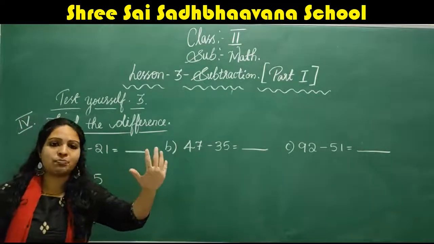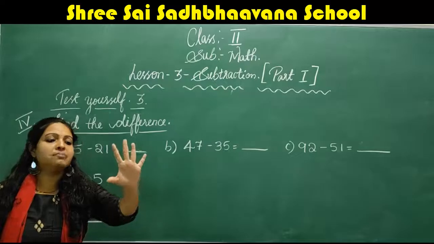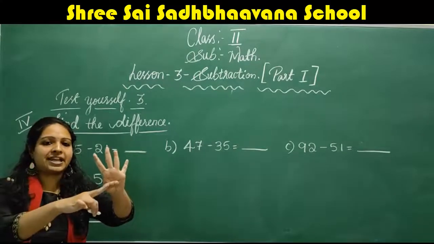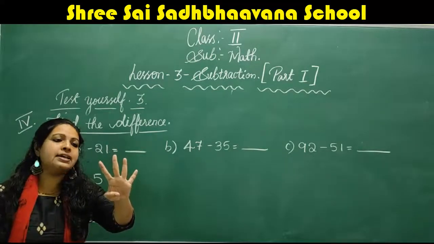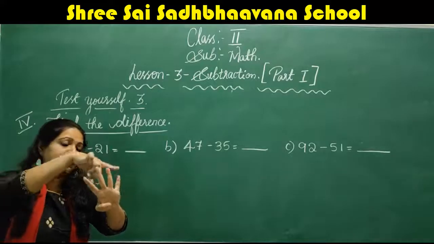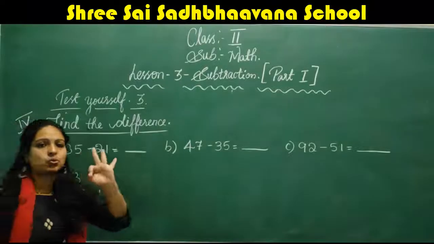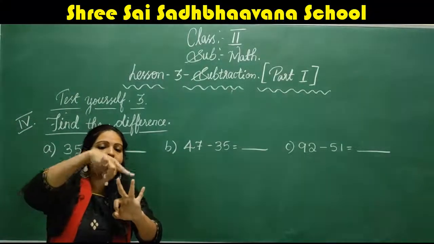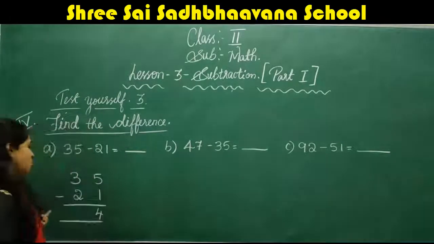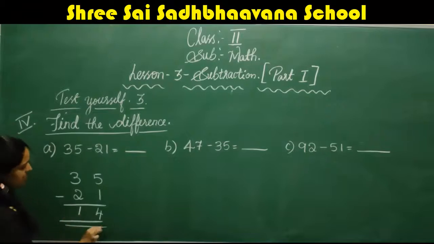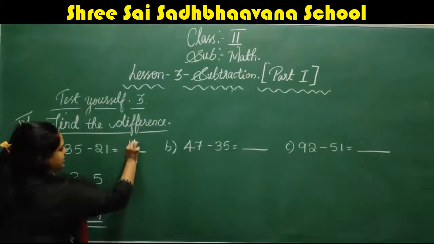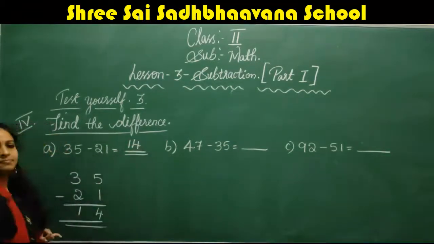From 5 you have to minus 1. If you take 1, how much is remaining? 4. Now 3 minus 2. 3 minus 2, how much is remaining? 1. So what's the answer you got? 14 is the answer.